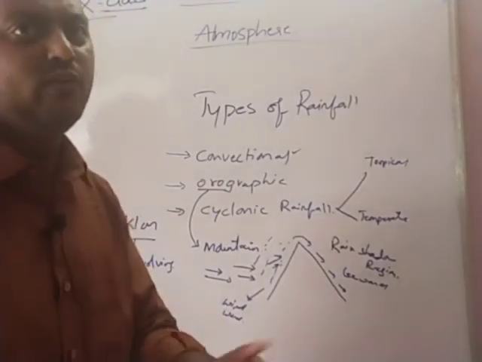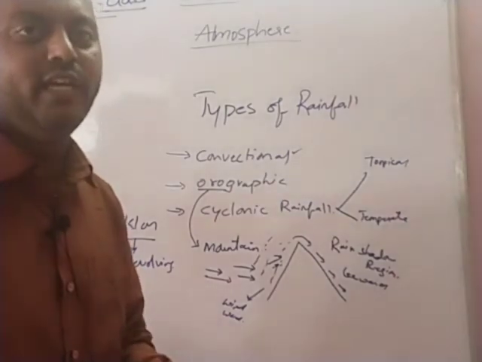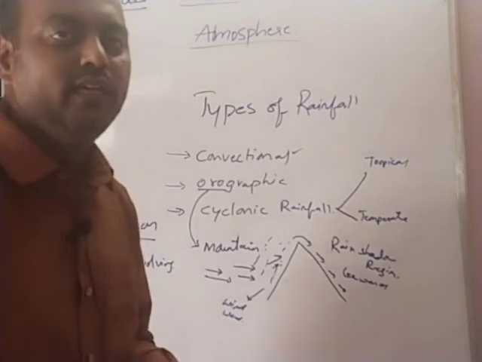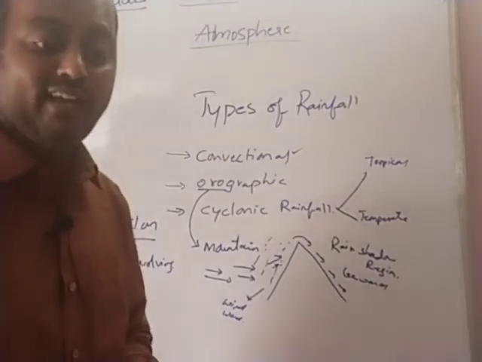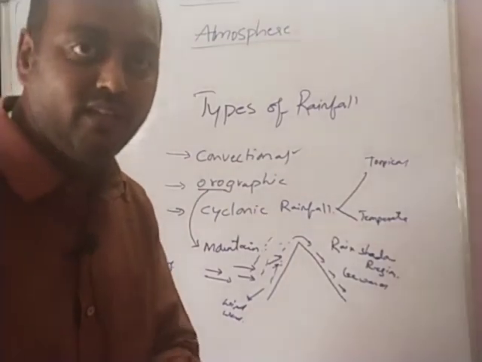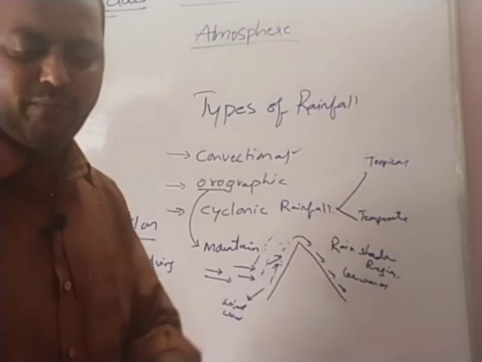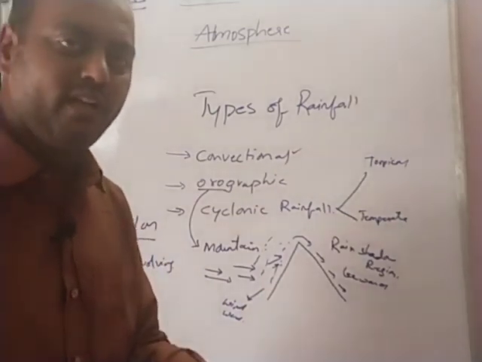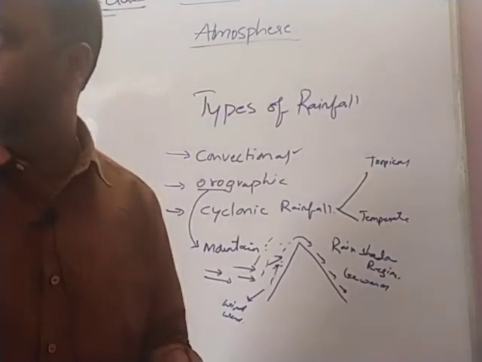Between 40 degrees and 60 degrees north and south of the equator, due to the westerlies, the rainfall will be heavy on the west coast and decrease towards the east. That means it is reversed: in 10 to 30, the eastern coast receives more rainfall; in 40 to 60, the western coast receives more.